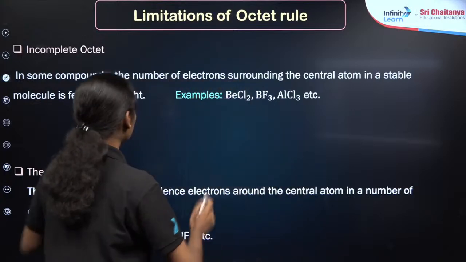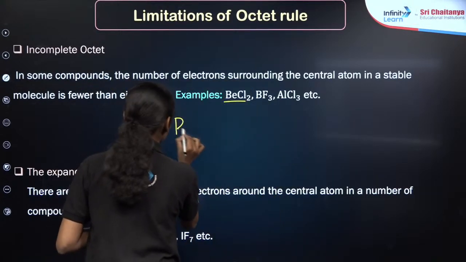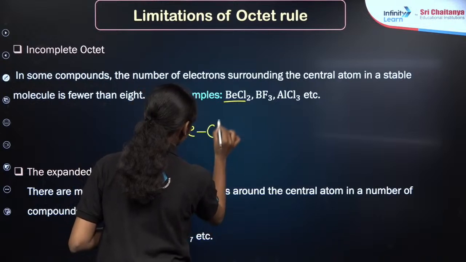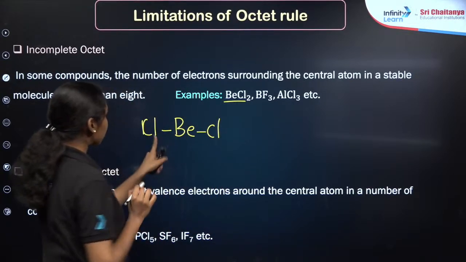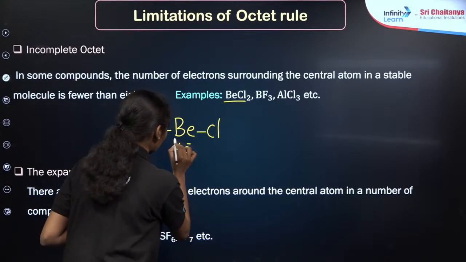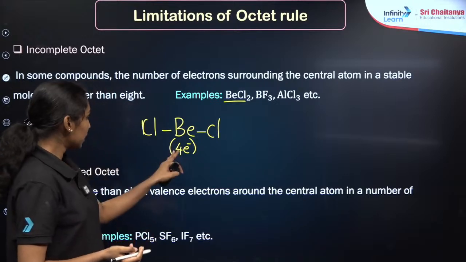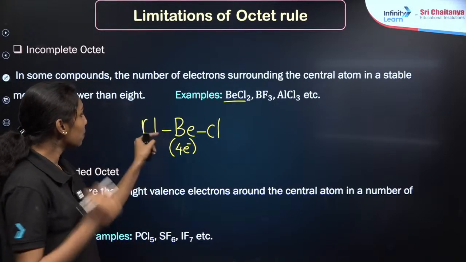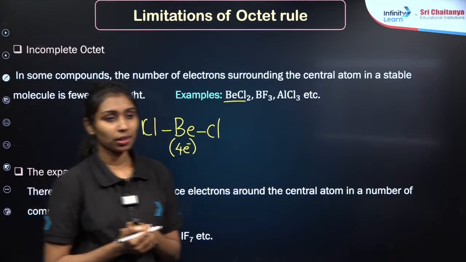For example, BeCl2. This will be the structure of BeCl2, which means a total of 1, 2, 3, 4 electrons are present on the central atom beryllium. According to our octet rule, it will not be stable, right? But it is found that the BeCl2 molecule is also stable, which is against our octet rule.